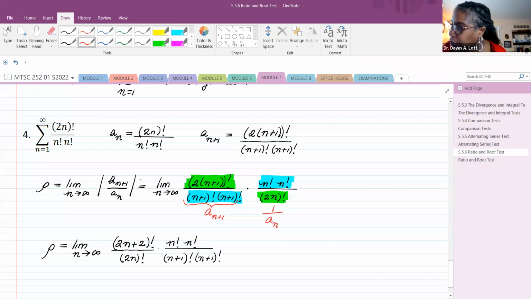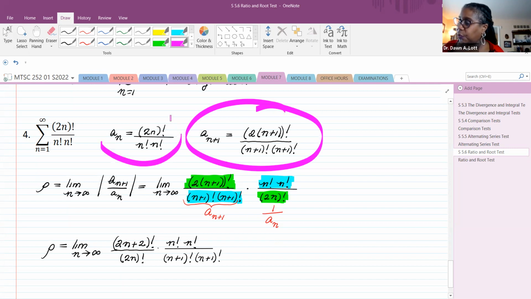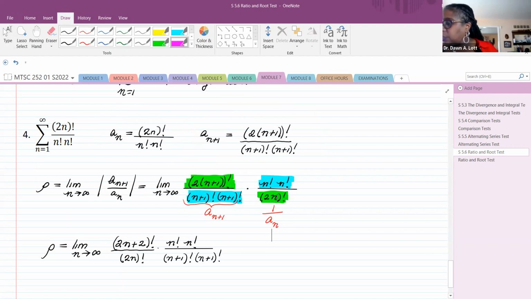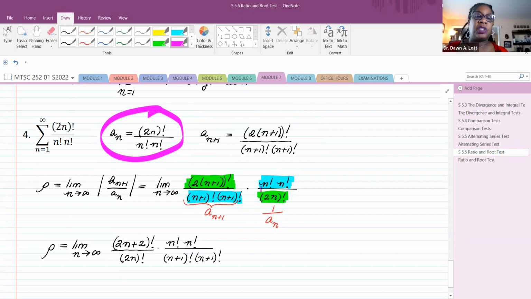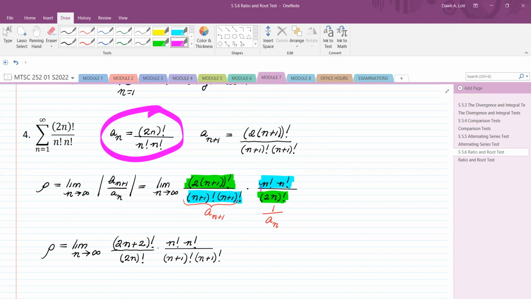Remember, it has to be a_(n+1) over a_n, right? So when I take this fraction and divide by this fraction, when I divide by a fraction I multiply by its reciprocal. So a_n, which is here, gets flipped upside down because that's its reciprocal. So that's why I get (2n plus 2) factorial over (2n) factorial. Okay, thank you.